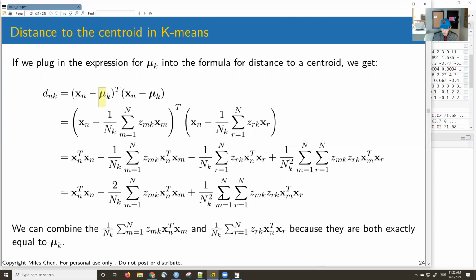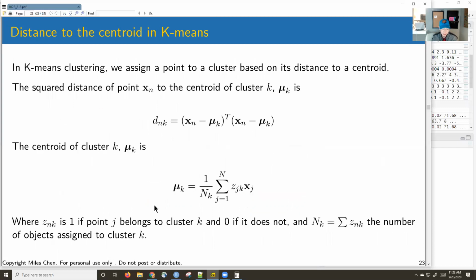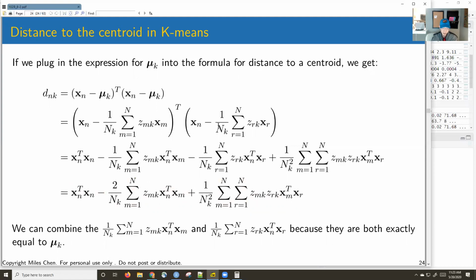So mu sub k is the centroid, and we would traditionally have to calculate this actual centroid. But I don't actually have to calculate the centroid itself. I can find these inner products of x's and still get the same distance. I have to apply a bunch of sums and a double sum here, and that's a bit of a pain, but I don't actually have to calculate mu sub k itself.